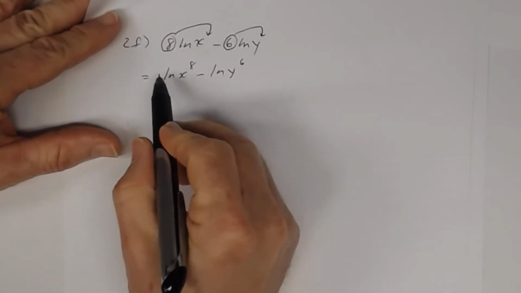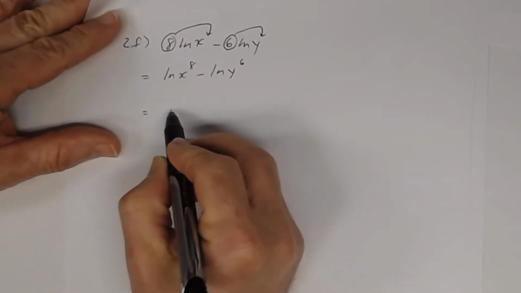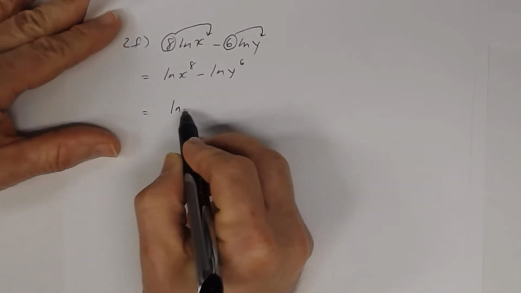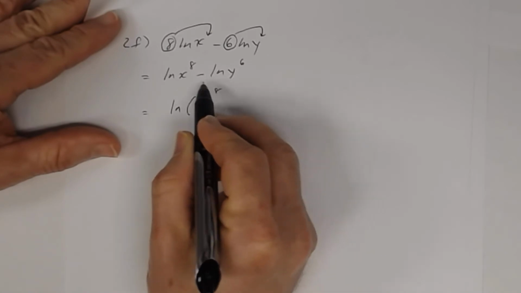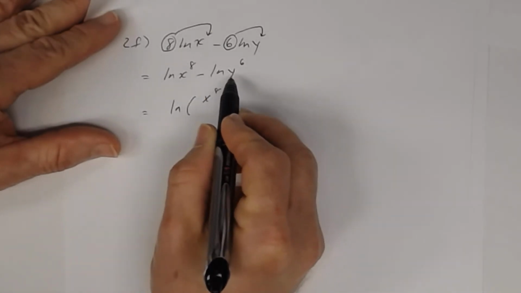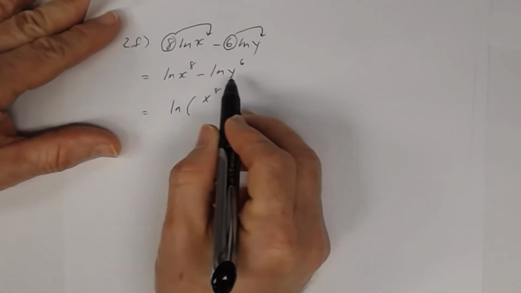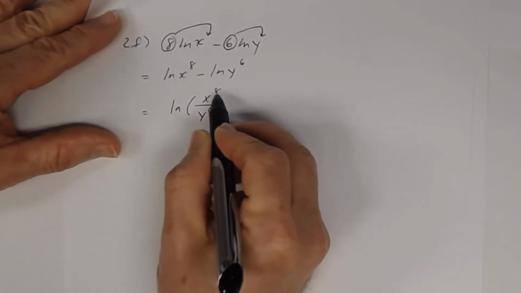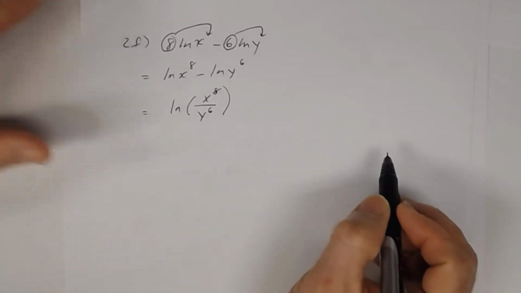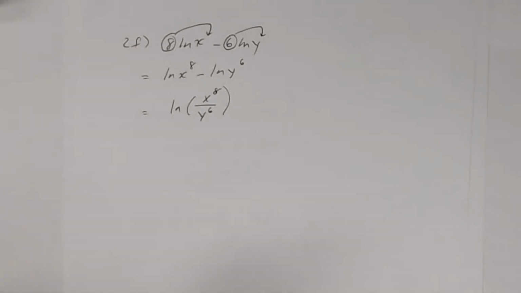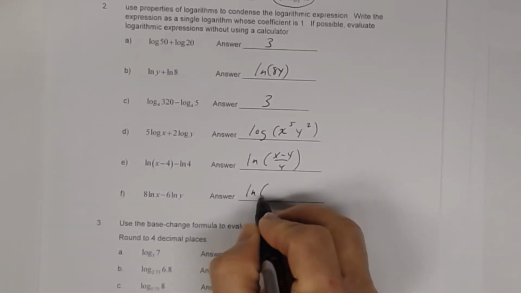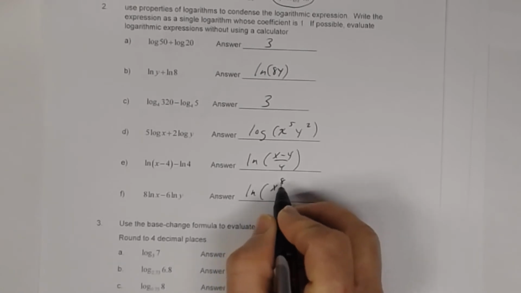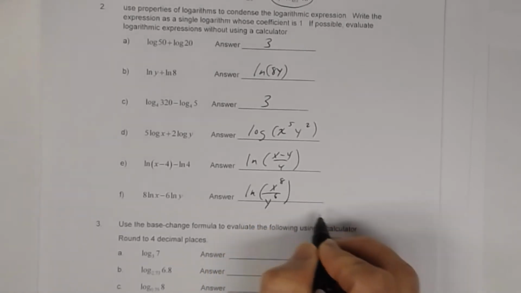And now, since these coefficients are ones, I can write this as a single logarithm. So it'll be the natural log of x to the eighth. This goes first in the numerator, because the order matters when you're subtracting, and this will be in your denominator, divided by y to the sixth. And that's it. So that's 2F. In 2F, you have the natural log of x to the eighth divided by y to the sixth.